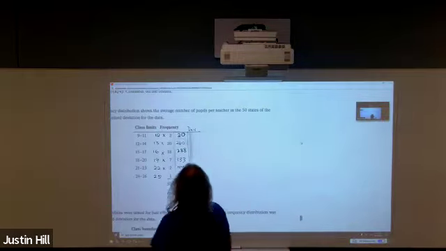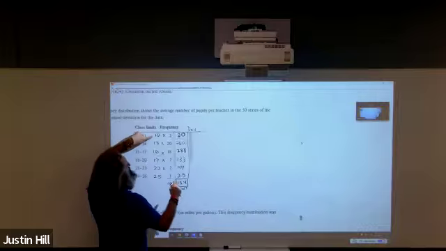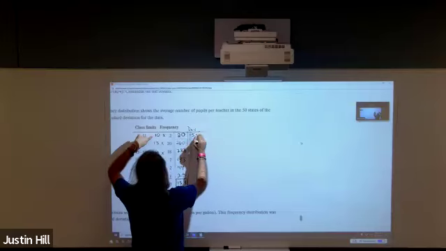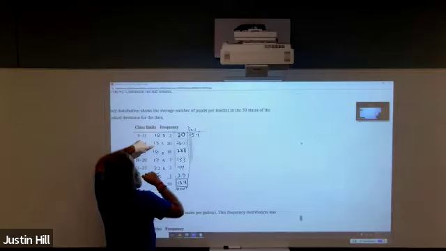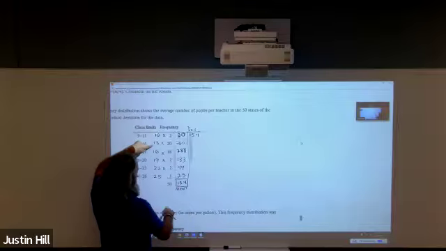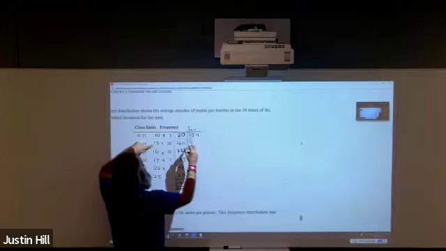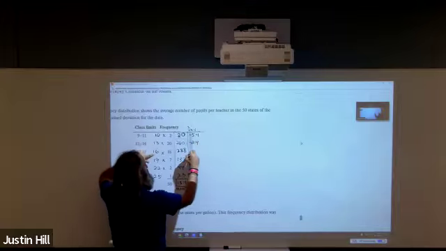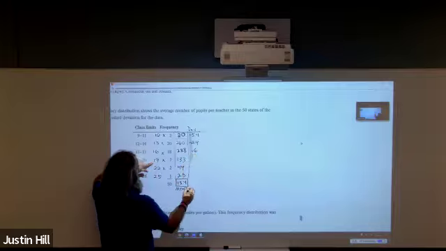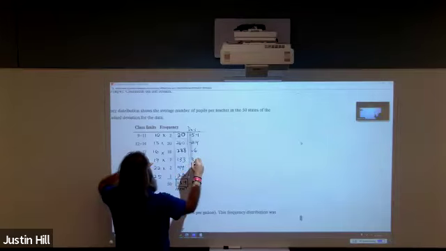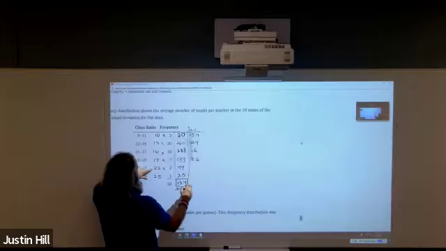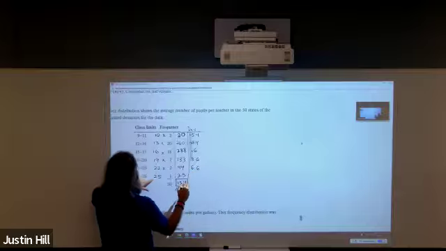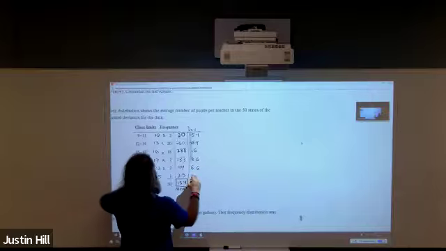All right. So the deviations of each of these midpoints: 10 minus 15.4 is negative 5.4. Sorry, 13 minus 15.4 is negative 2.4. 16 minus that is going to be 0.6. 19 minus that is 3.6. 22 minus that is 6.6. 25 minus that is 9.6.